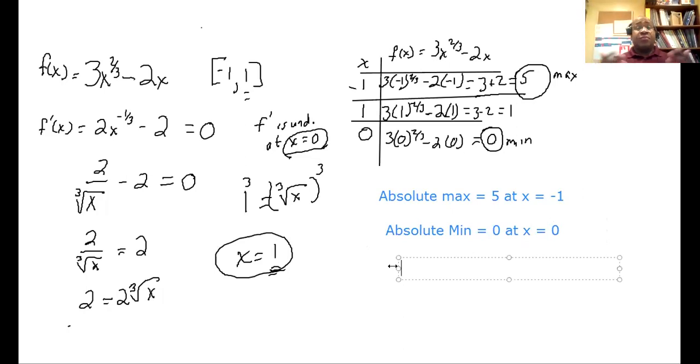All right. So there you have the basic process. A couple things to keep in mind: make sure that you examine the function both at the endpoints of the interval and the critical values. And also, when determining the critical values, remember, set the derivative equal to zero, but also look for any values where the function's undefined.